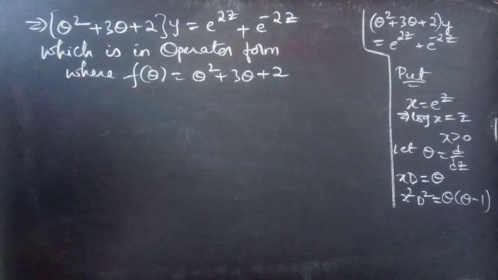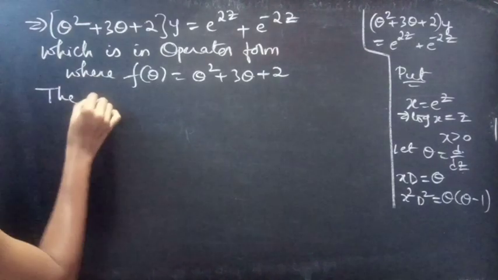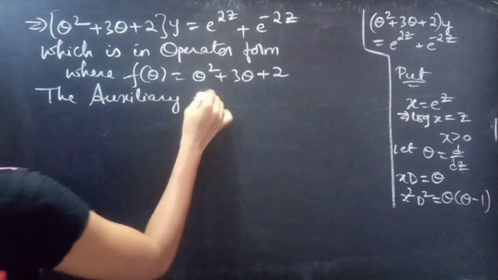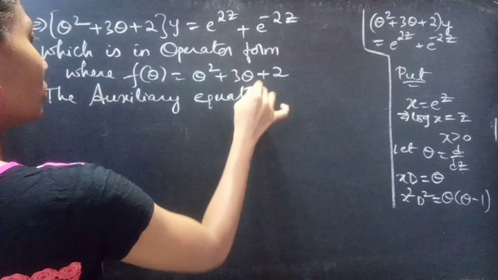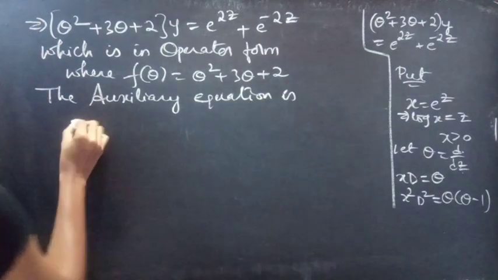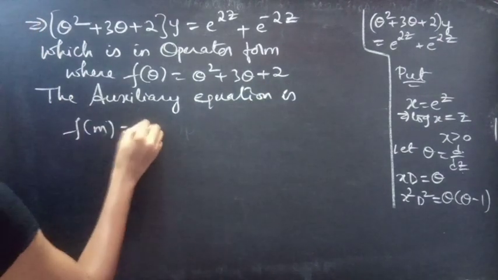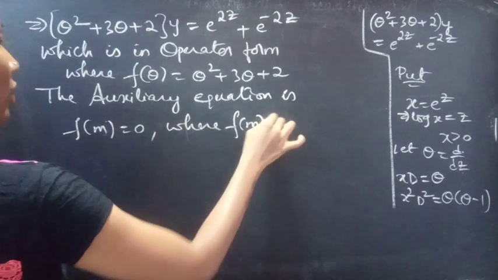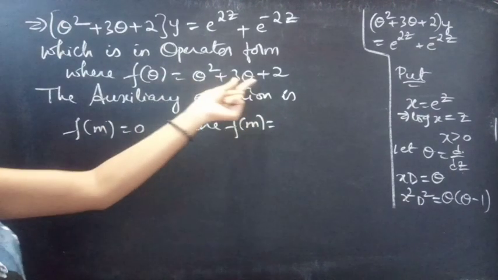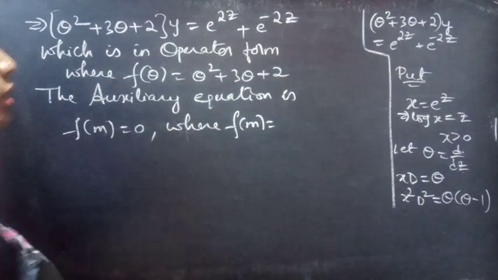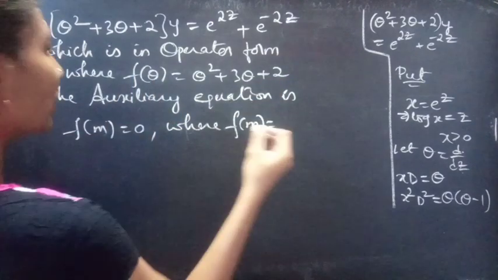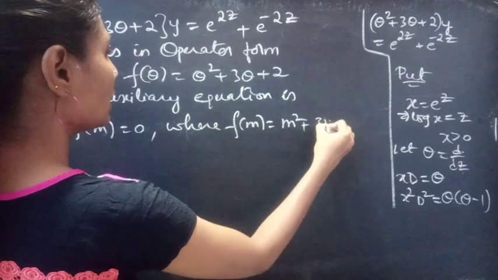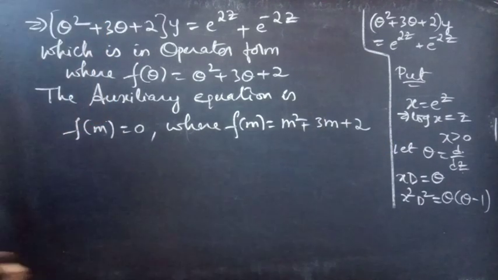We'll find yc using the auxiliary equation. The auxiliary equation is f of m equals 0, where f of m is obtained from f of theta, theta square plus 3 theta plus 2. Let's replace theta by m, so that we get f of m equals m square plus 3m plus 2.